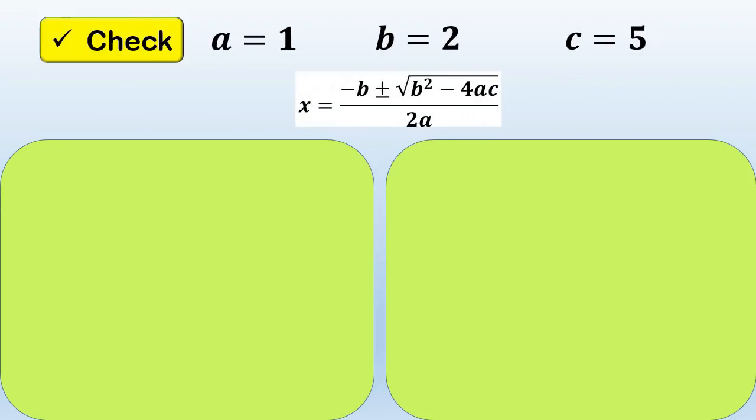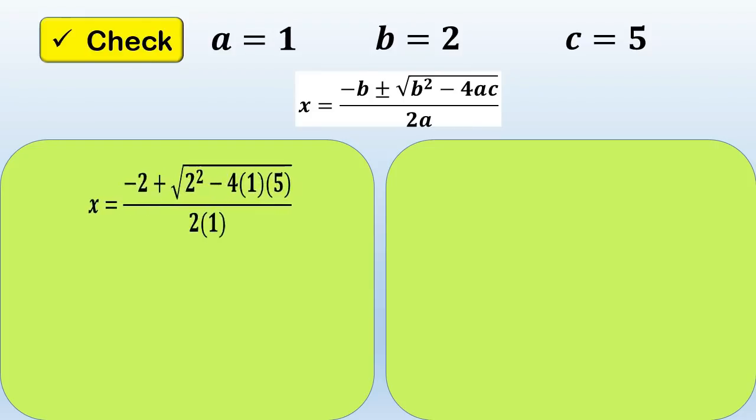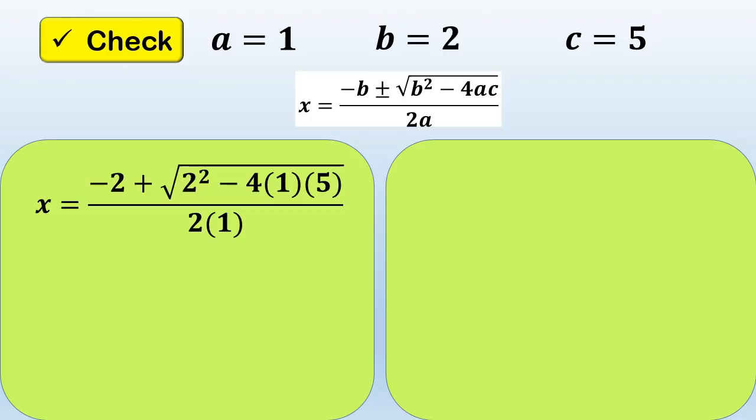Let's check by substituting the values for a, b, and c. So, using the quadratic formula, let's substitute it. So, it will become negative 2 plus the square root of 2 squared minus 4 times 1 times 5 over 2 times 1. Okay, so copy negative 2.